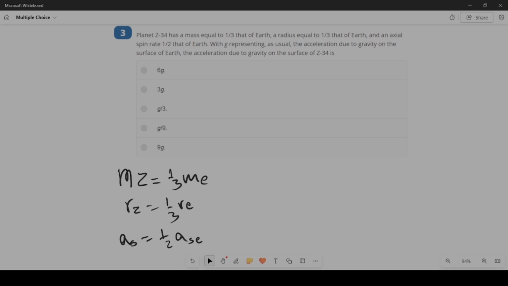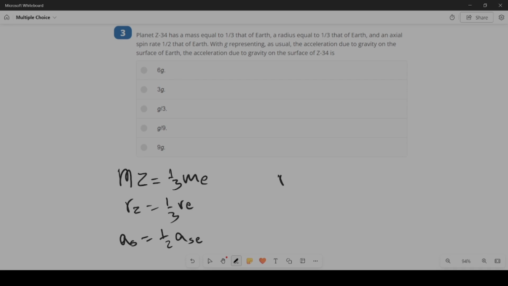We'll see if we need this, because this could be useful to get centrifugal acceleration. So with G representing as usual the acceleration due to gravity on the surface of Earth, the acceleration due to gravity on the surface of C34 is. So where does G come from?